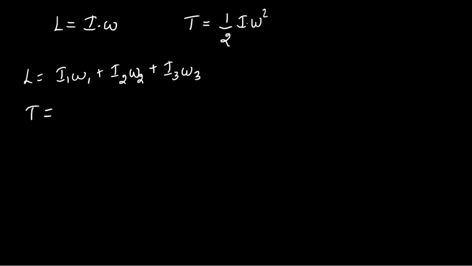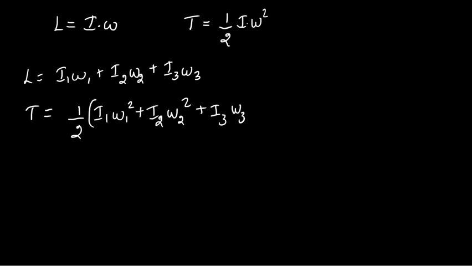And T can take the value half I1 omega 1 square plus I2 omega 2 square plus I3 omega 3 square. So this is the entire equation which satisfies T and L. Okay, now we have to see if there is any option which suits these L and T values.